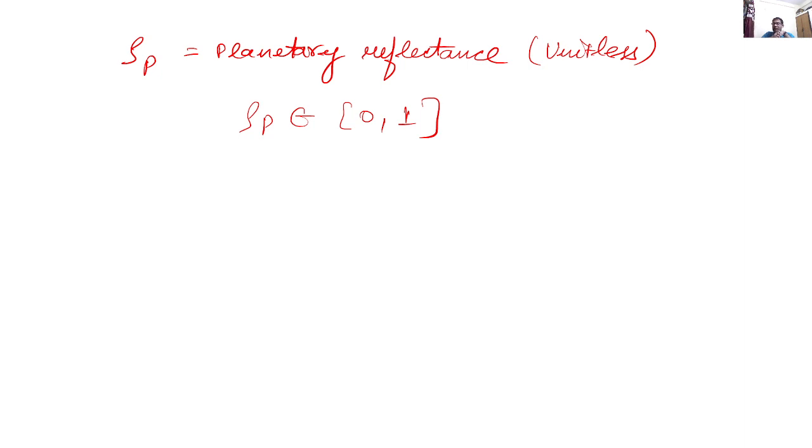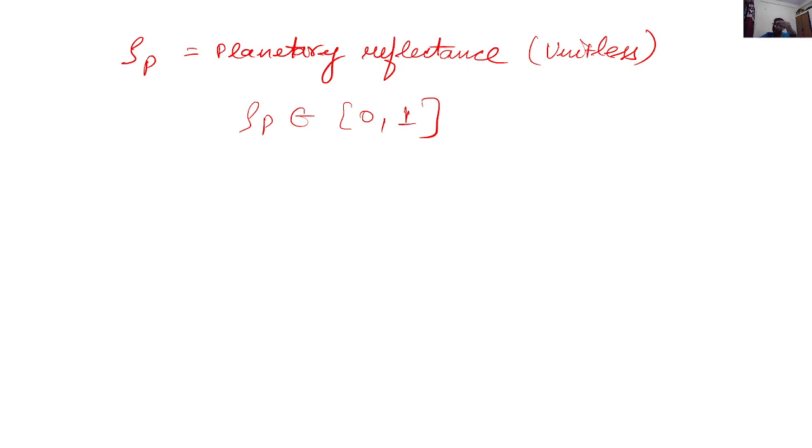Bare dry soil, healthy green vegetation, and clear water. And we also discussed that the reflectance of water in the near infrared zone would be tending to 0. It's almost 0 basically. Whereas the reflectance of vegetation is very high in the near infrared region. It's almost around 50% or 0.5 in this unit.